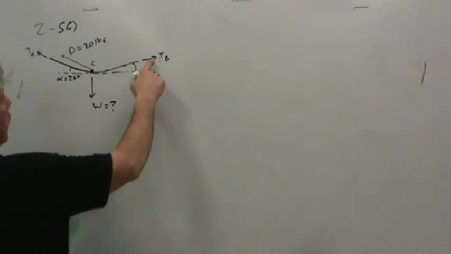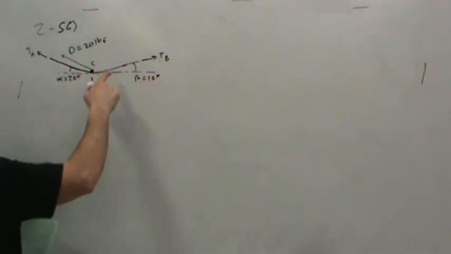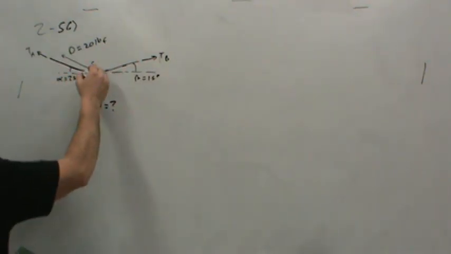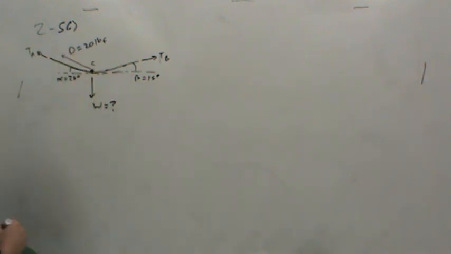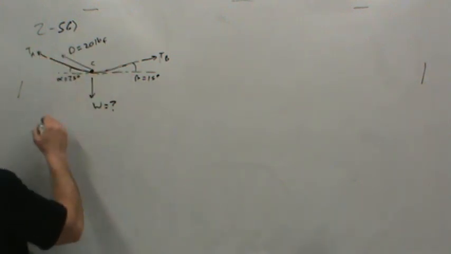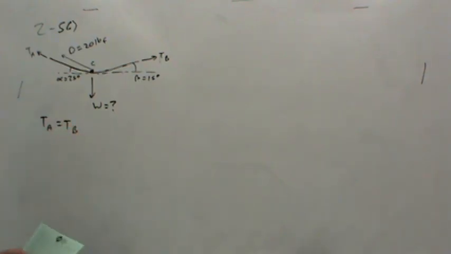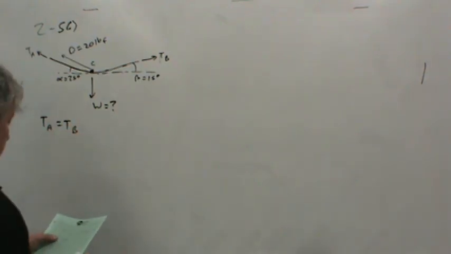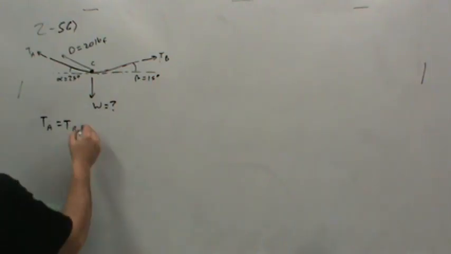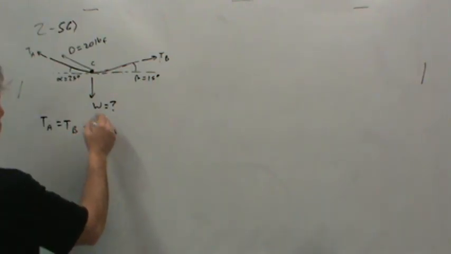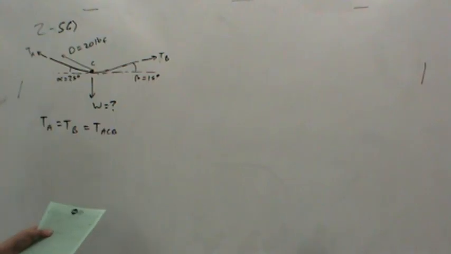Here's a key thing: the tension in the cable on either side is the same, because the pulley is just rolling on it. So as I've drawn it, TA equals TB. It's important that you realize that. I'll call this TACB, the tension in the cable ACB.